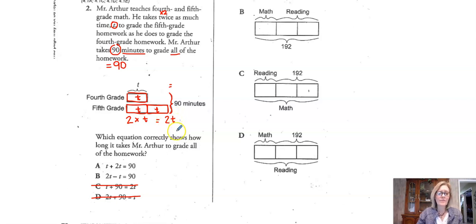So if we look down here, are we going to add this T plus T plus T, or this T plus the 2 times T, or are we going to subtract T minus 2 times T, or 2 times T minus T, to make all of it equal 90 minutes?